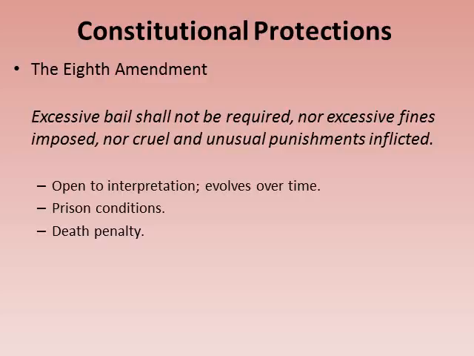If you committed a crime as a minor, we're no longer going to put you to death for that. If you're mentally retarded, we can't put you to death because you might not have understood exactly what you were doing, and the Eighth Amendment was used to decide that. And of course, we also only impose a death penalty in cases of murder. It used to be that rape was a death penalty crime, and other things. Anyway, the Eighth Amendment is important in the whole criminal sphere here.